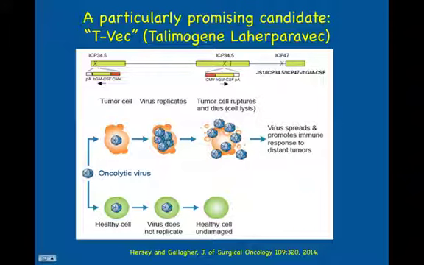So a particularly promising candidate is that first one, T-VEC, where they took out ICP34.5, and this ICP47 gene in particular is now HM, or not H, is GM-CSF. Not sure what this H refers to. The actual molecule they're releasing is GM-CSF.